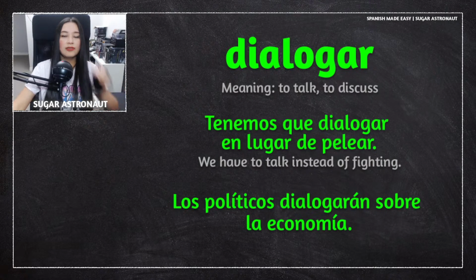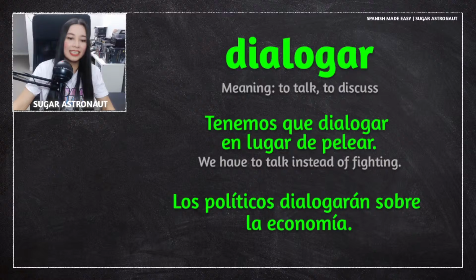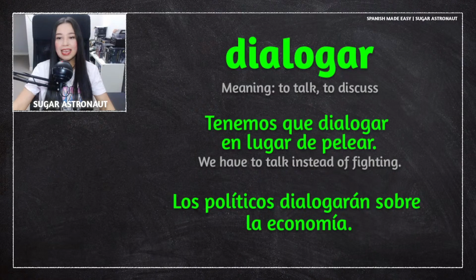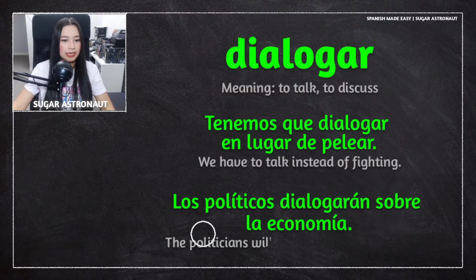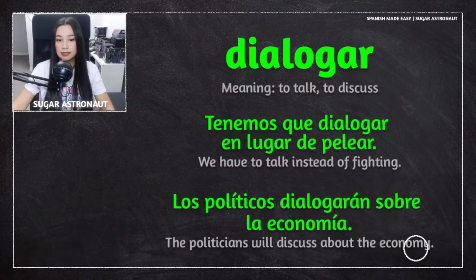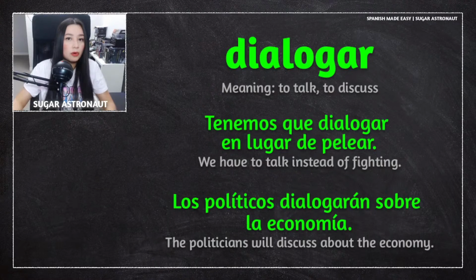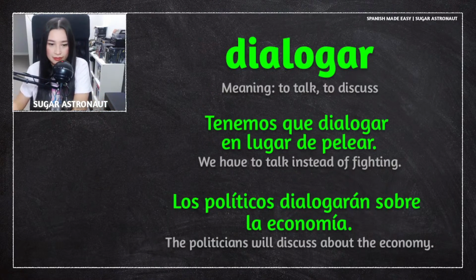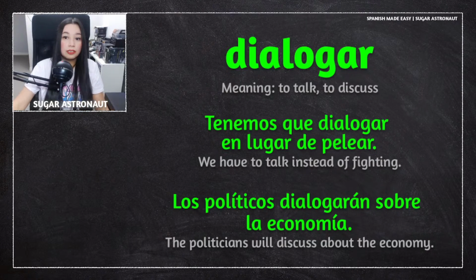Los políticos dialogarán sobre la economía. What does this mean? This means the politicians will discuss about the economy, or will discuss the economy, okay? So they're gonna talk about the economy, how to fix it, right?